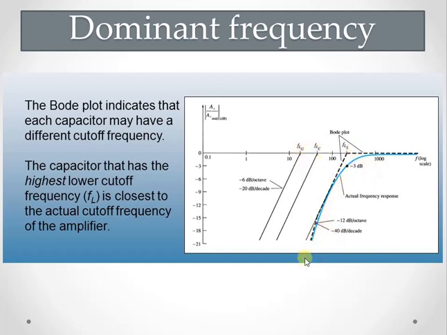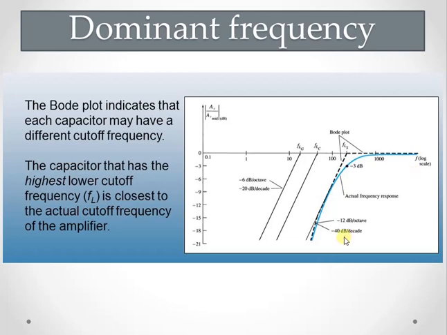So this particular curve, which is the high frequency response shown here, is the one which has a roll off of minus 12 dB per octave or minus 40 dB per decade. The one which is shown in the dotted line is an ideal curve, whereas the one shown in the blue line is the actual curve that is obtained.